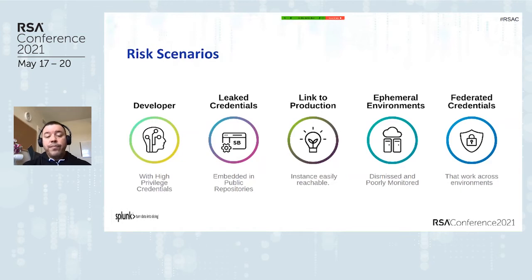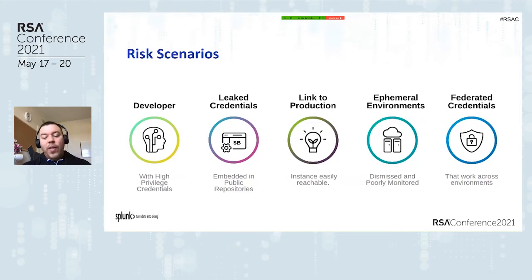That is a problem. When these credentials get leaked, they may end up in public repositories. Because of the speed and dynamics of software production, the link to production systems is almost immediate, so it's very hard to catch or stop once the mistake has been made.